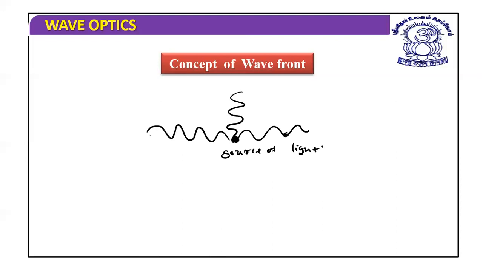Now, if we draw a surface which connects all the points of different light waves which are at the same phase, then this surface is called wavefront.